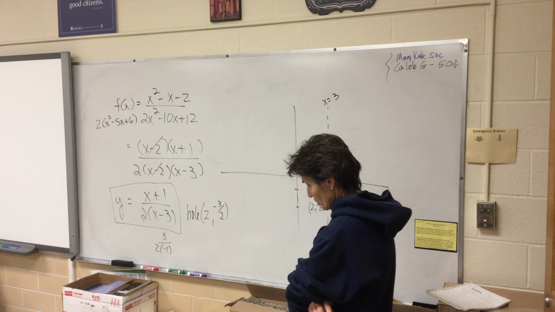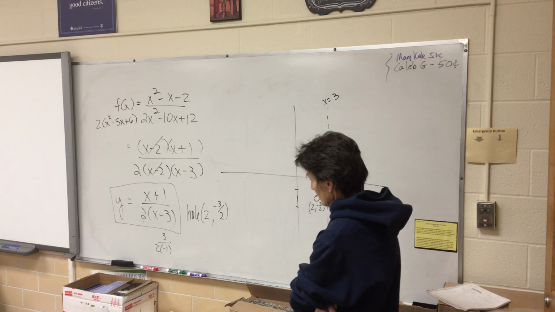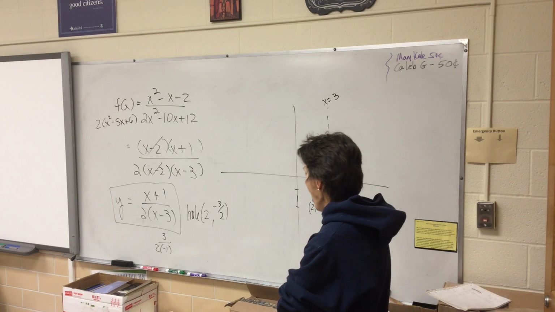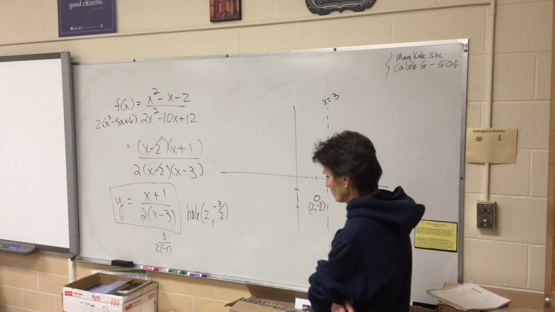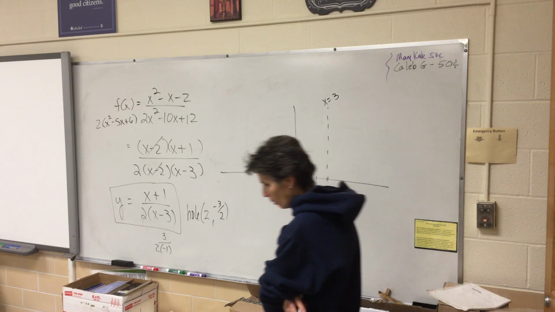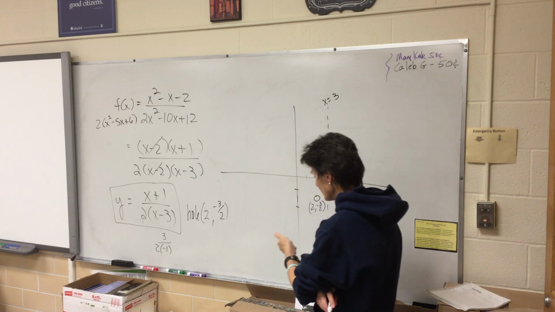All right, what else do I have? You got a whole list of stuff there you have to find. You got your vertical asymptote and your hole taken care of.